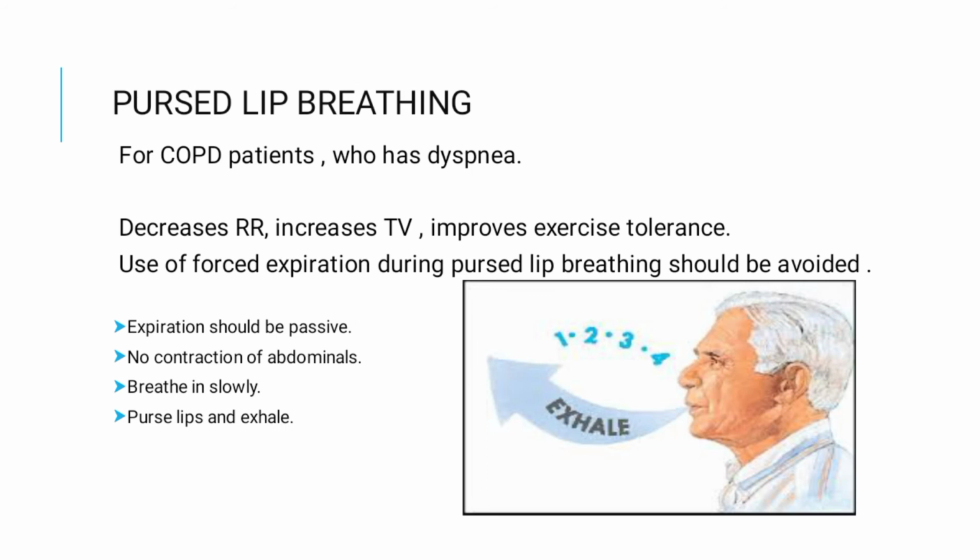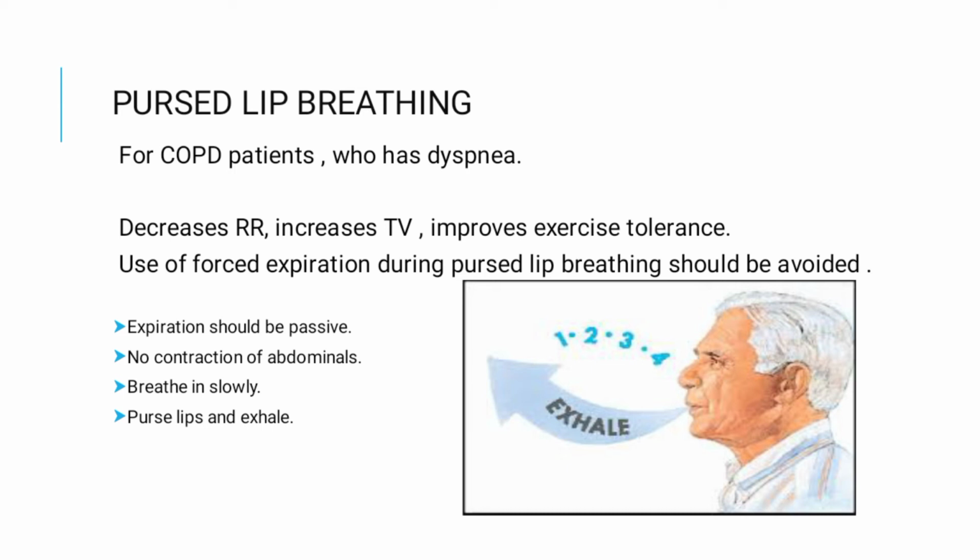Now we have the last breathing exercise, that is pursed lip breathing. Pursed lip breathing you can give in patients who are having COPD and dyspnea. So what is the COPD condition? This is an obstructive condition where the patient will find it difficult to expire properly.